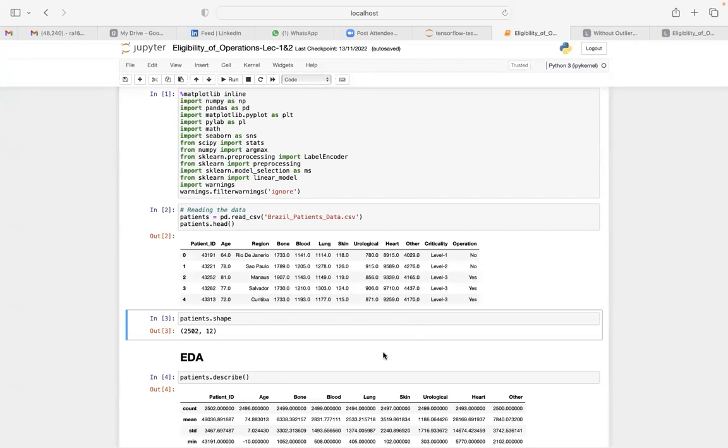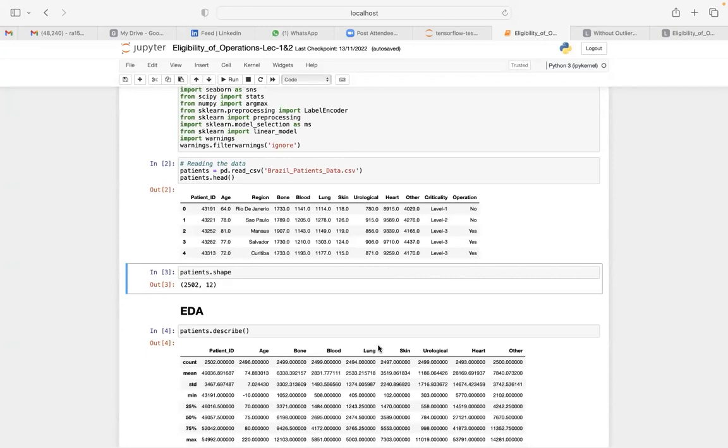And we have to find out, in terms of level of criticality of the patient, if the patient is highly critical, then obviously doctors look into those cases separately. But if the patient is not very critical, they don't want to spend a lot of time on it. So if we design a model which is good enough to give us the classification of those patients with level 1 and level 2 criticality, then obviously it will save some time for them.